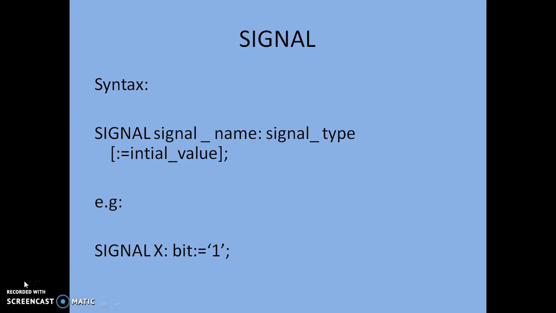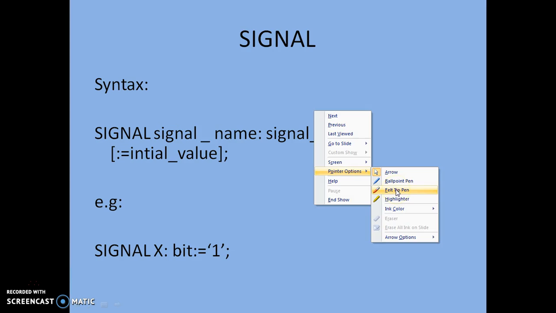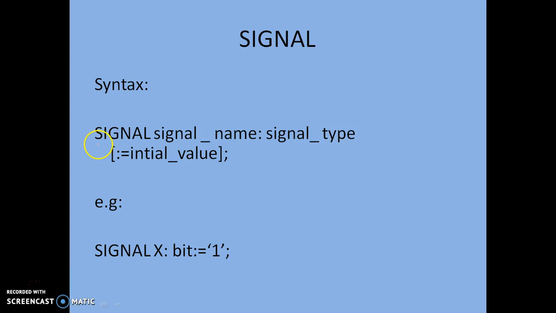Let's look at the syntax, in what way we can declare a signal. Here, SIGNAL is the keyword used to declare a signal. Then you can declare its name and the type. The type means we'll also look at different data types that are present in VHDL. Then there is the initial value that you can force to the given signal using this symbol.